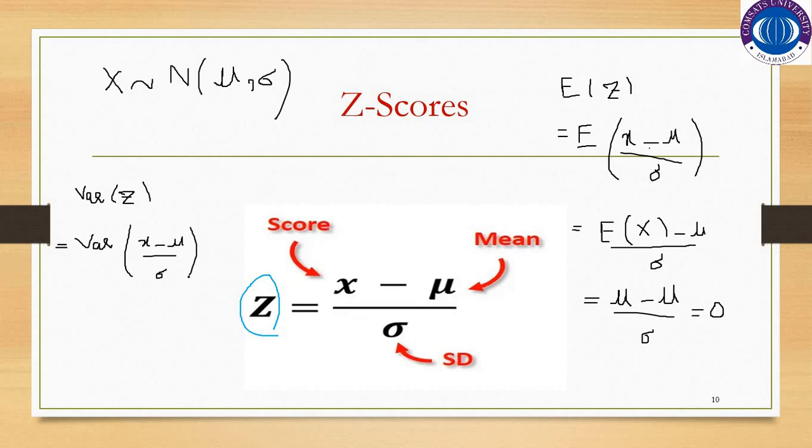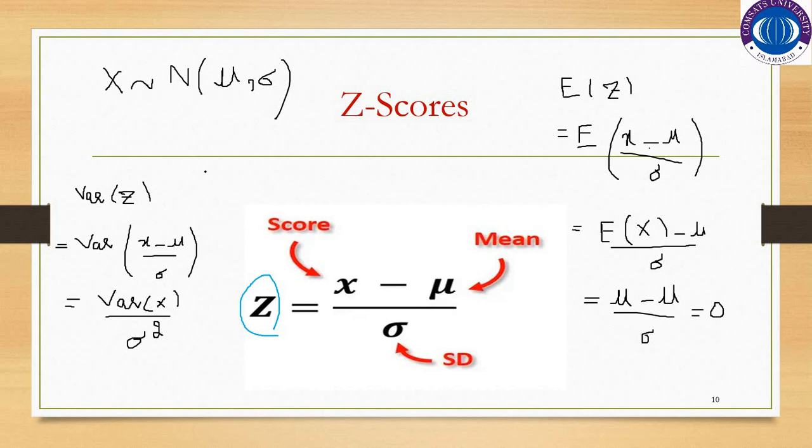As we have already studied the properties of the variance in the chapter on measures of dispersion, by applying them you will get variance of x over sigma square.